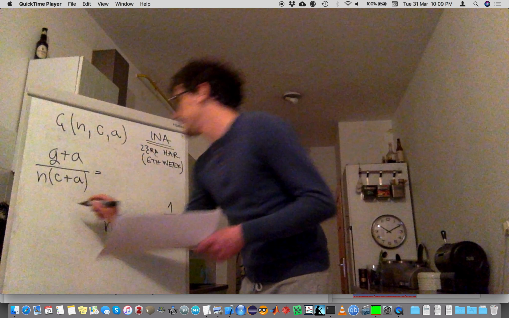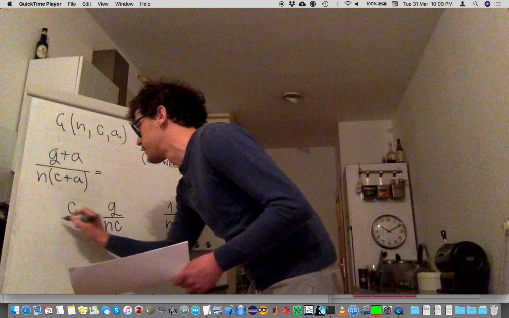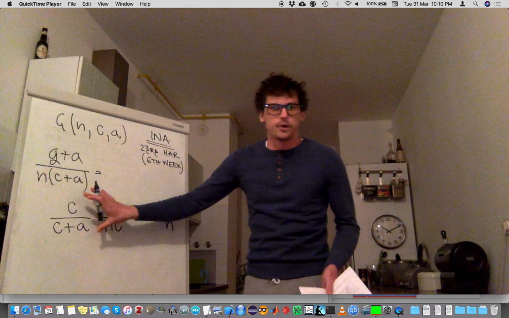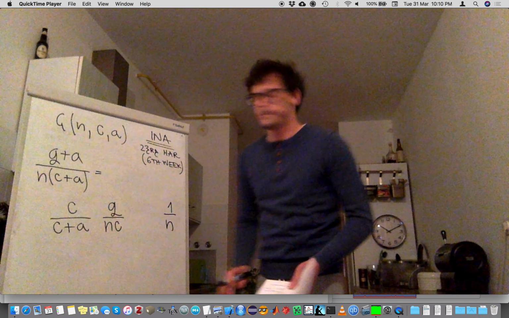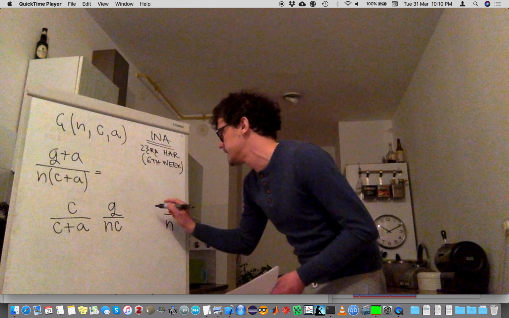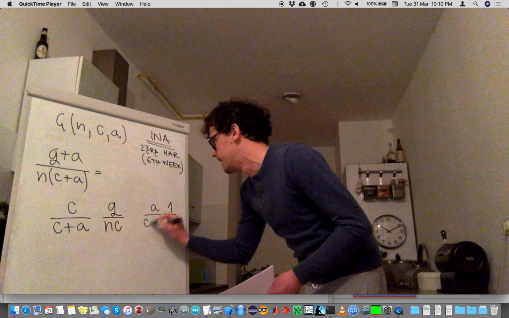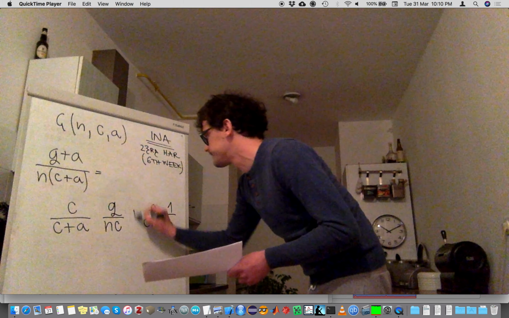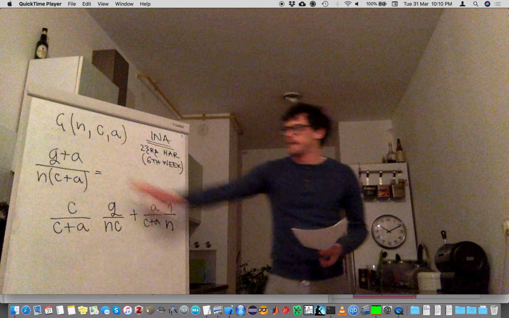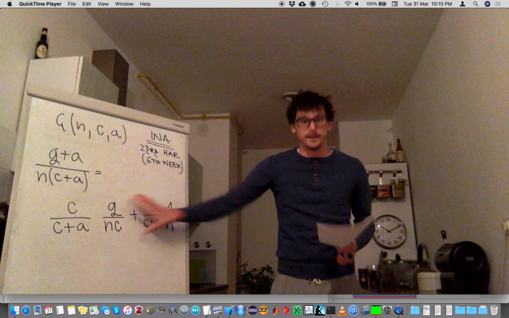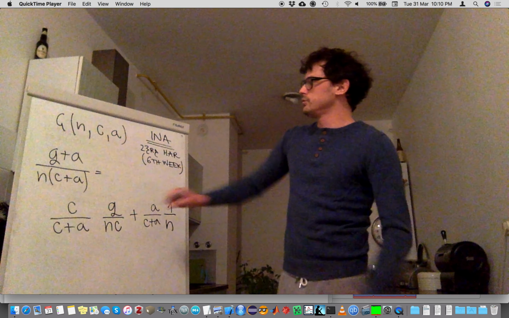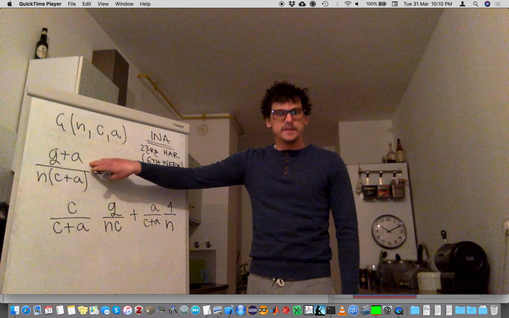It turns out that if I multiply this first probability with c divided by c plus a, which are all just constants, so this is some fraction, and I multiply the second probability with 1 minus this, so it will be a divided by c plus a, you can compute on your own that these two terms are equivalent.